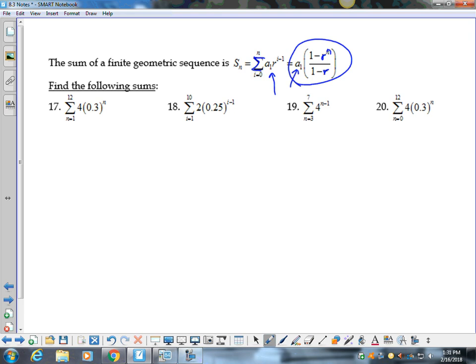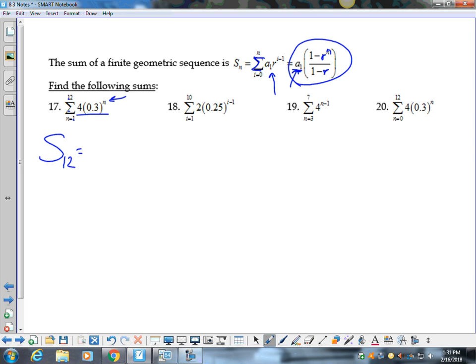Okay, so this says find the sum of the terms from 1 to 12, and this is definitely a geometric sequence because it has an n in its power. So I need to figure out what my first term is, a sub 1. So I'm finding the sum of the first 12 terms. So S for sum.